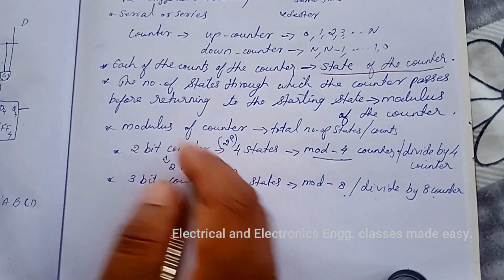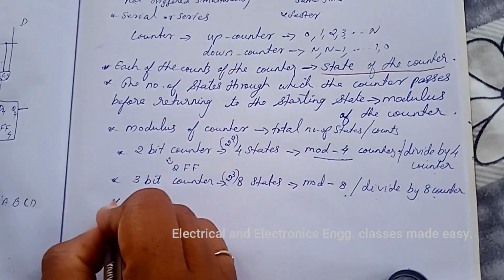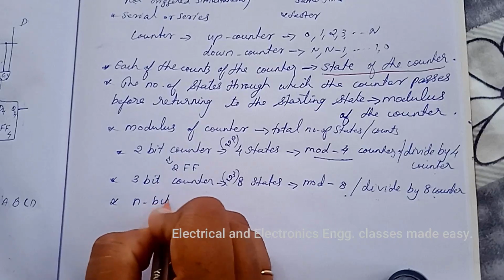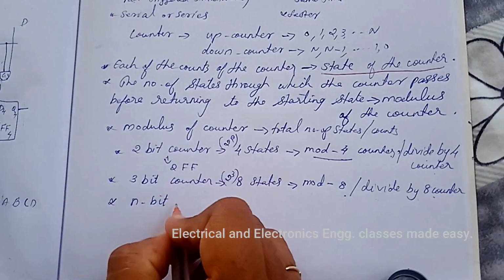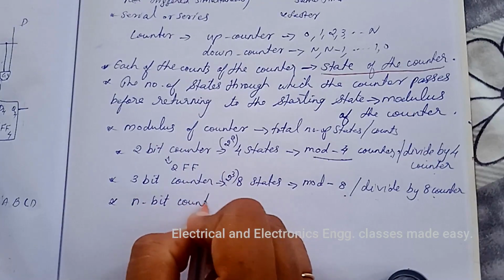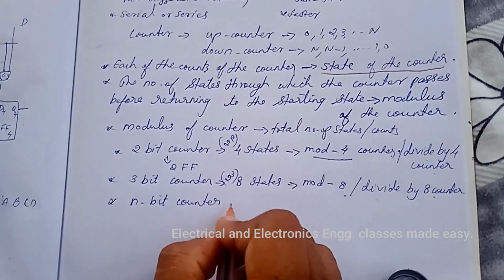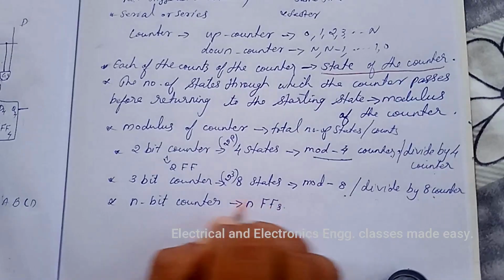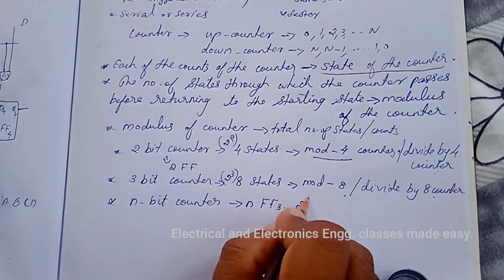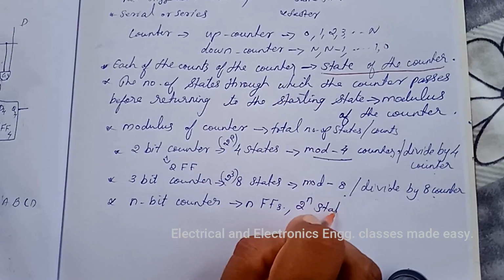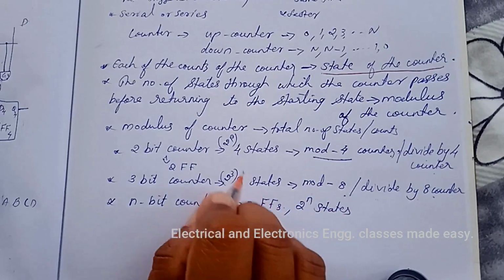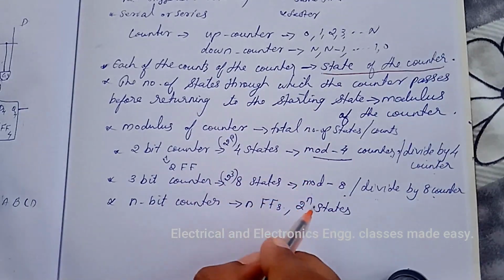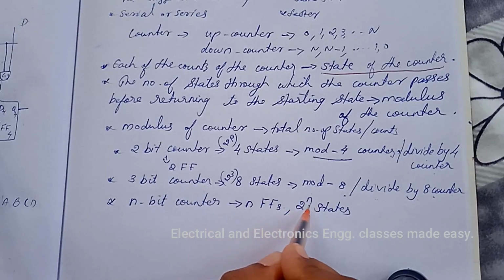And in general, an n-bit counter will have n flip-flops and 2 raised to n states, and divides the input frequency by 2 raised to n.